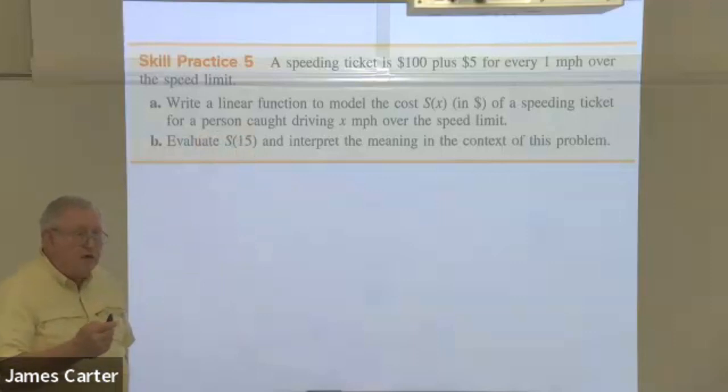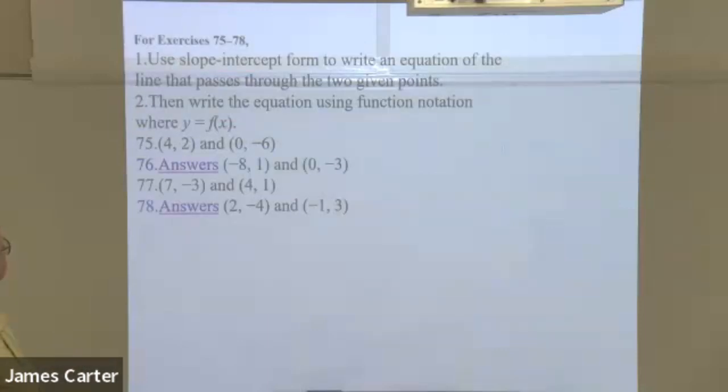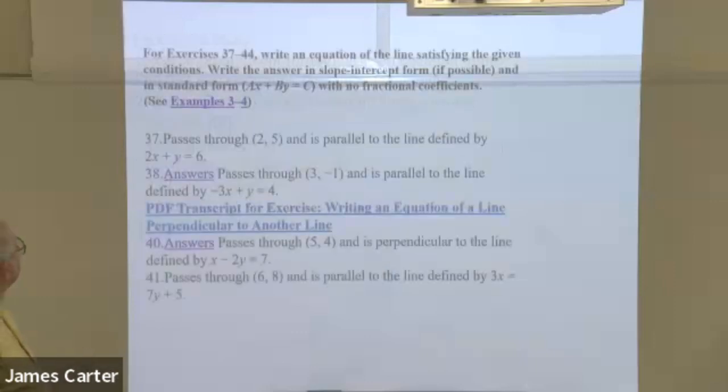Okay, questions before I go on? This is just substituting values of x into an equation. We're going to skip over this. Here they're using function notation, and we're not going to deal with that.